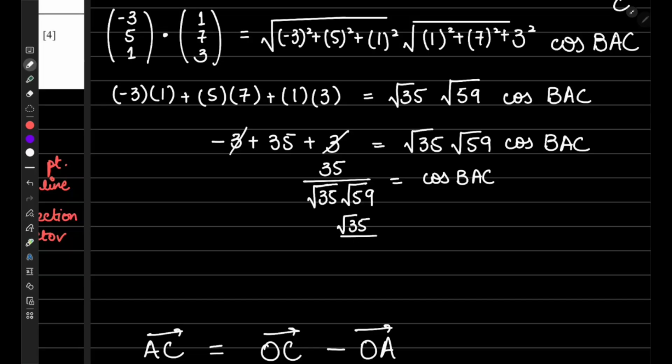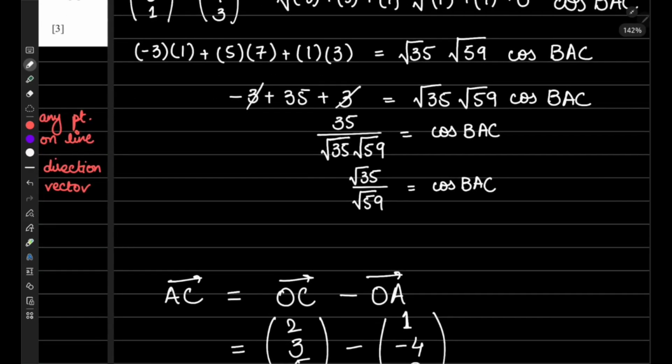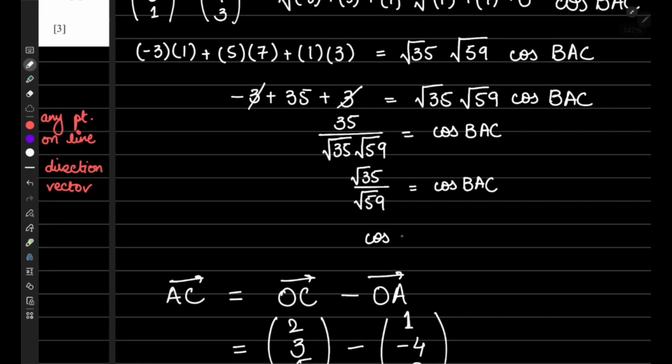Root 35 over root 59 is equal to cos BAC, or you can write it as a single root.